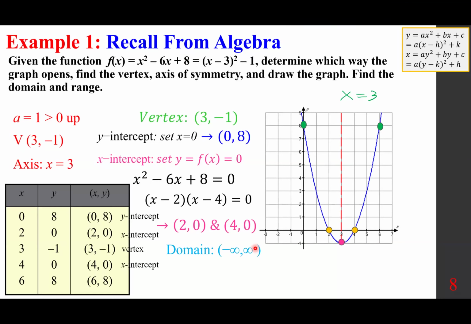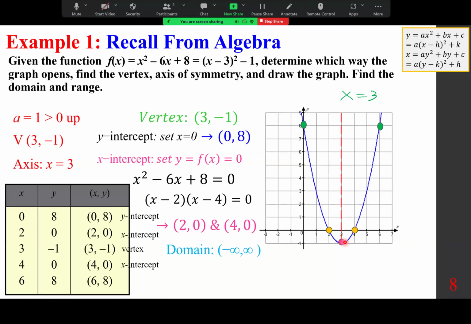If it opens up, from the y-coordinate of the vertex to infinity; if it opens down, from negative infinity to the y-coordinate of the vertex. Therefore, this has the y-coordinate negative 1, so it's going to go from negative 1 to infinity, and negative 1 takes a bracket, half closed, half open, because negative 1 is included.